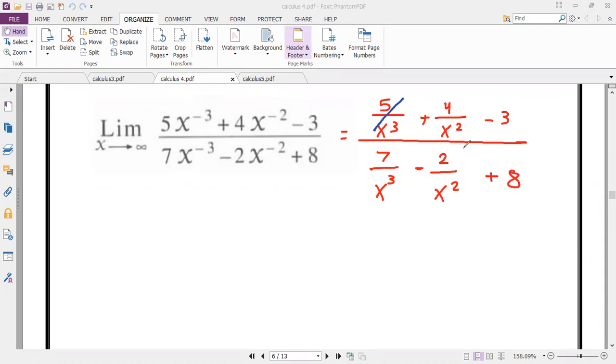This one equals 0, and this one equals 0, and here 0, and here 0. So it will be negative 3 at the top, and at the bottom it's 8: negative 3 over 8.